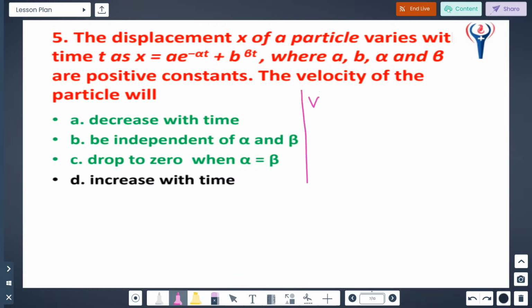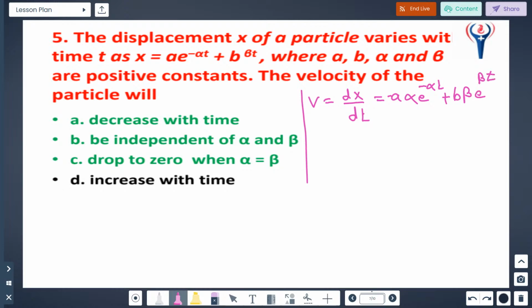Formula as usual, v = dx/dt. Differentiate x: a into e^(-αt) gives a into -α into e^(-αt), and then plus bβ into e^(βt).